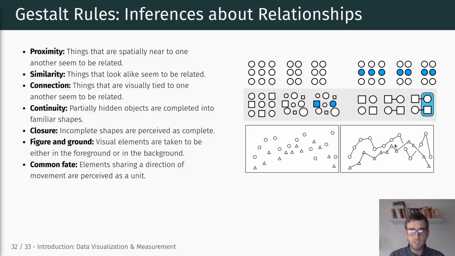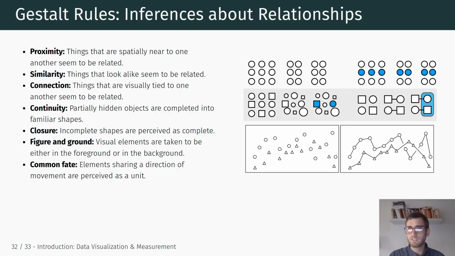But the key point is that I want to make you aware of these different perceived relationships and visual cues that we can use in our graphics to communicate effectively the results that we want to communicate, and to make it as easy as possible to convey the comparison that we want to convey, because ultimately our visualizations are about communicating comparisons, right?